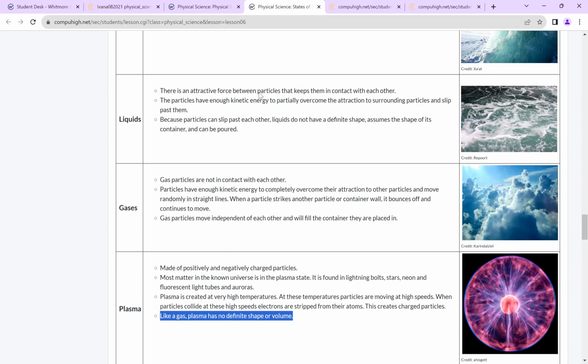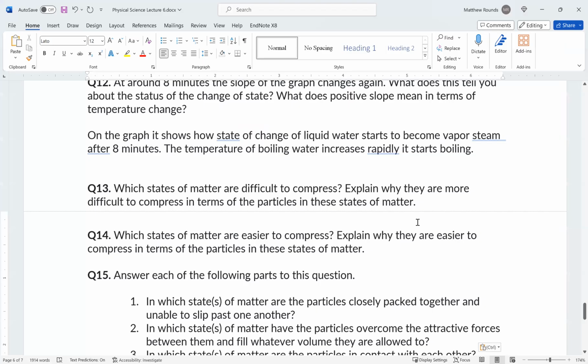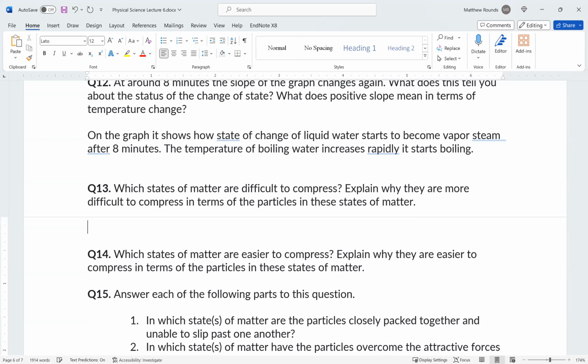All right, so to answer these next questions here, the ones that are difficult to compress are, how do I want to word this? They are the ones that have a definite shape. So if it has a definite shape, it's hard to compress.